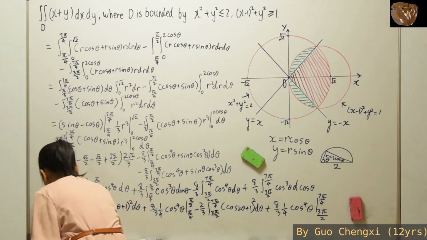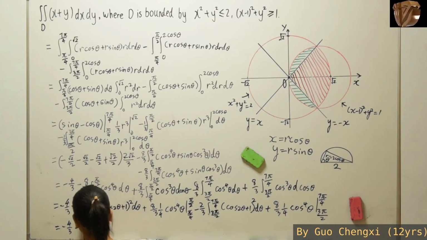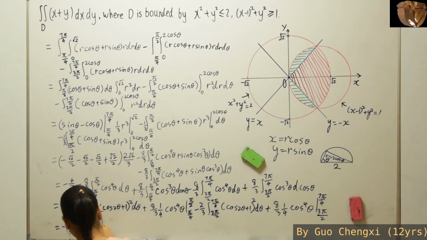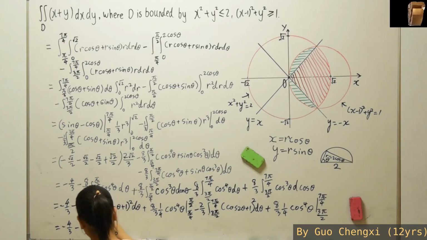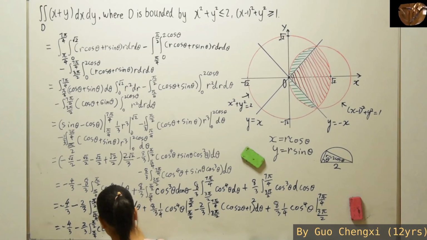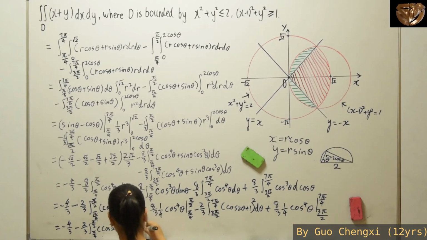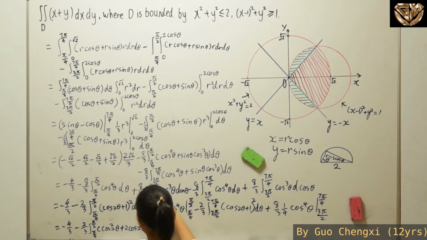Okay, and then for this part what we're going to get is, so for this part we're going to have, so this you can expand it and you get, okay, so over here you can simplify and you get 2, you simplify and you get 2 over here.